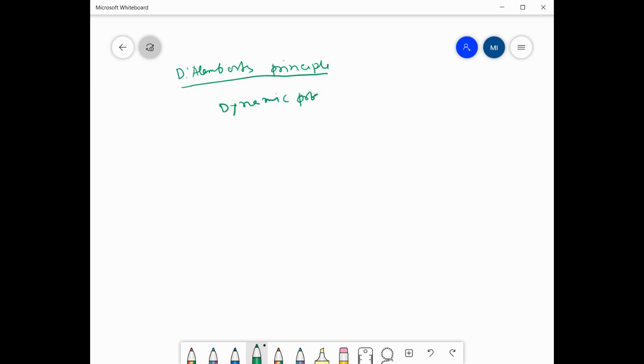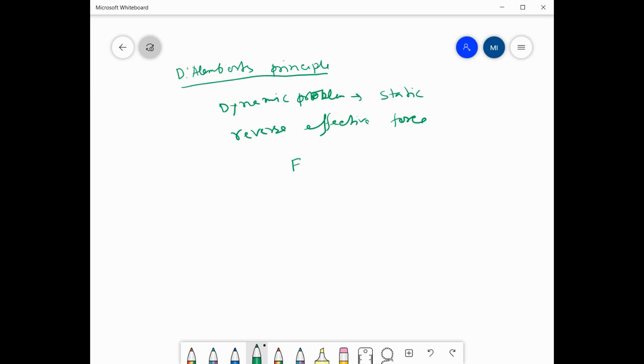The dynamic problem was made a static problem by the inclusion of the term reverse effective force. What is that?